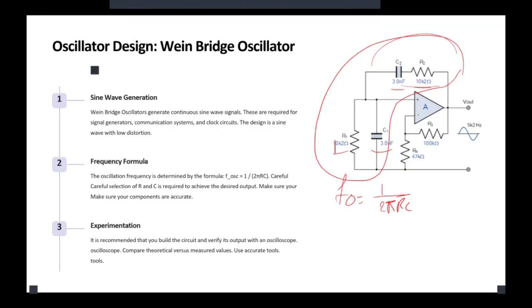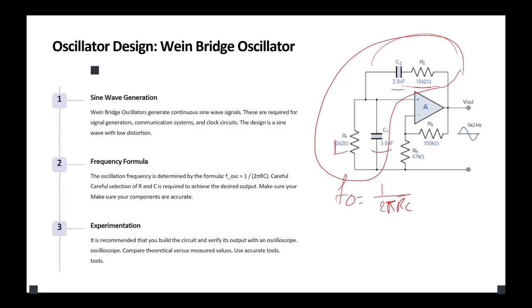Now, R is the resistance value in ohms, and C is the capacitance value in farads. So as long as the values are matched, this formula gives us the exact frequency at which the circuit will oscillate.